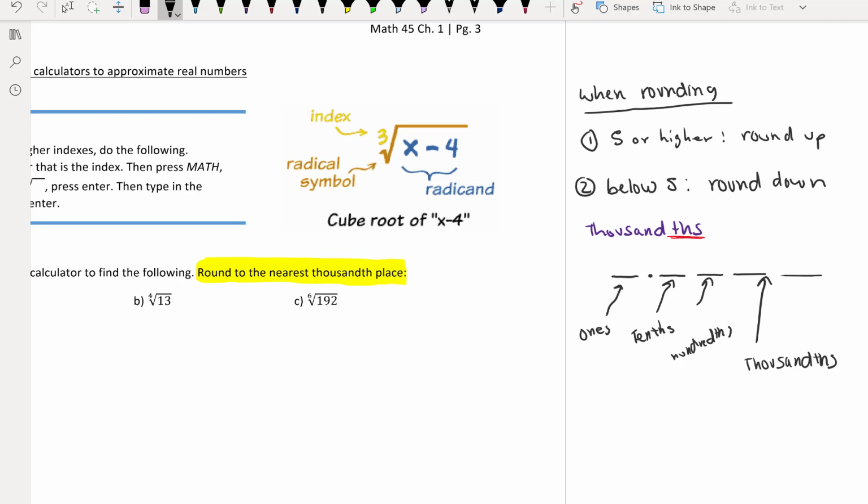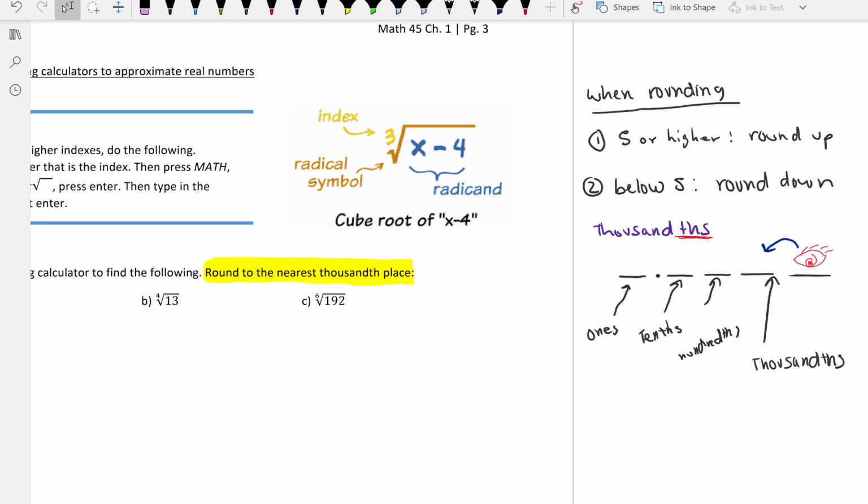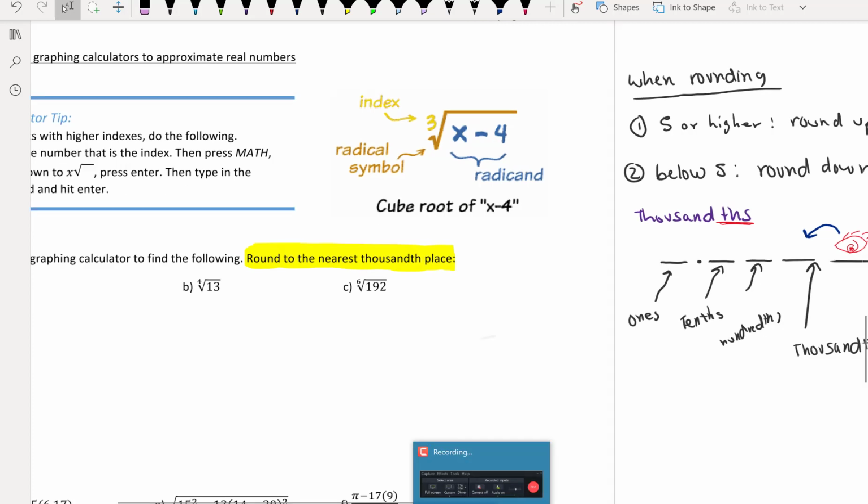So when I'm rounding, the one behind the thousandths is the one that we're going to be looking at. I do apologize, I'm not the best drawer, but this is to signify that this is the one you look for, and it's going to influence whether you round up or round down when you calculate the answer. Okay, so hopefully you are now all familiar with rounding.